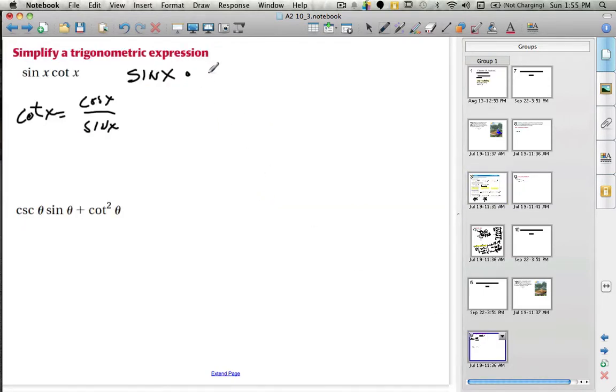Okay, and then when I put cosine of x over sine of x, these will cancel, and it just simplifies to be cosine of x.